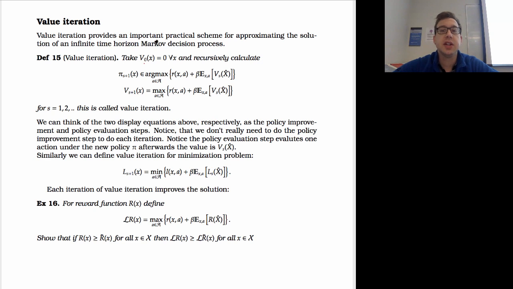So value iteration is an important and practical scheme for approximating the solution of an infinite time horizon Markov decision process. Essentially what you do is you start with an initial value of 0 for all the states. Then you look at what would happen over the next time step given that value, and you try to maximize the reward.